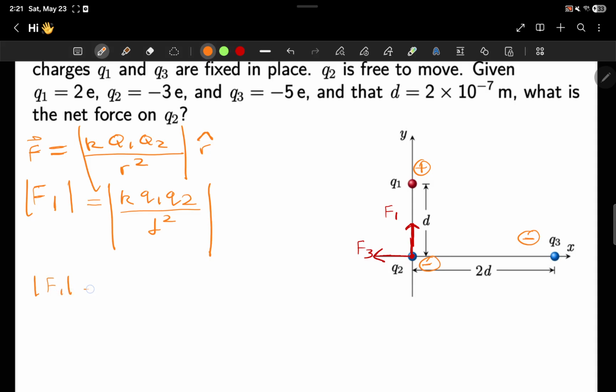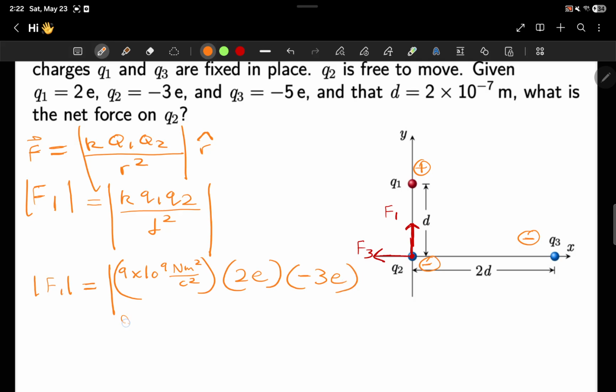The next step is to plug in the numbers and the units. So we have 9 times 10 to the 9, that's the K, newton meter squared per coulomb squared. Then we have charge 1, which is 2 times the fundamental charge. And then we have charge 2, which is negative 3 times the fundamental charge.